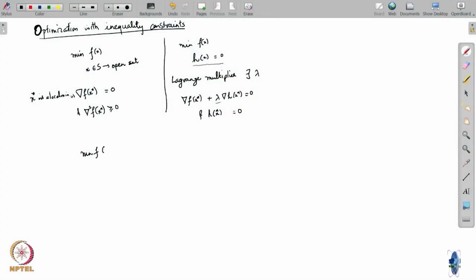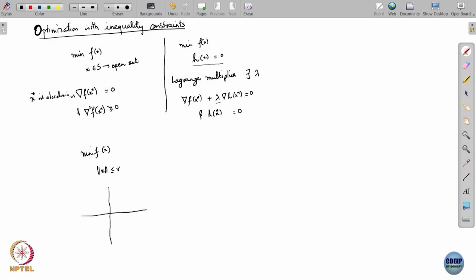So, what happens if you have an inequality constraint like this? Suppose you want to minimize this subject to the norm of x less than or equal to r. Okay. So, what sort of region is this?